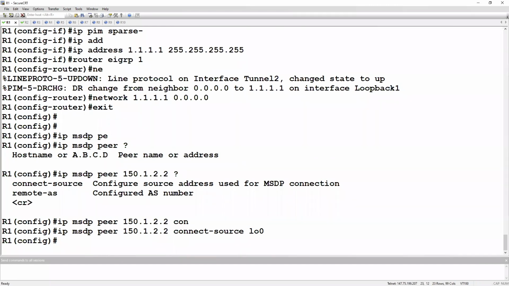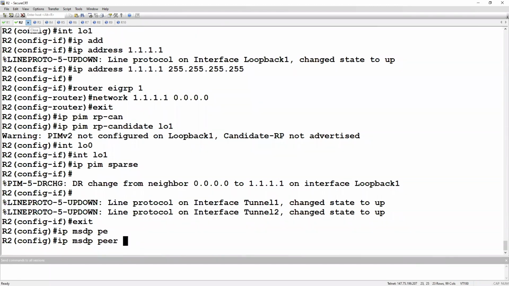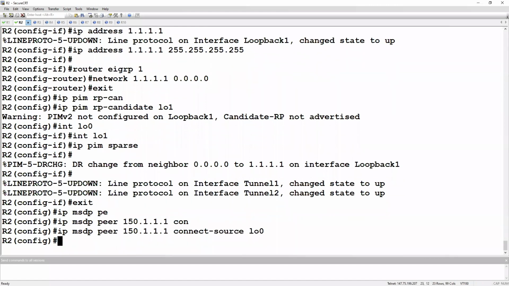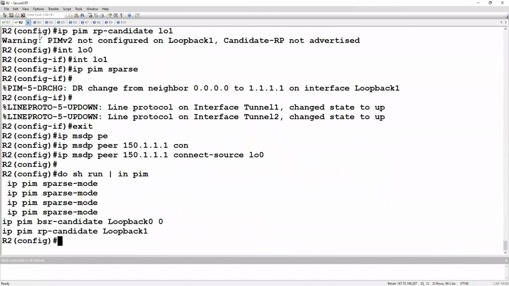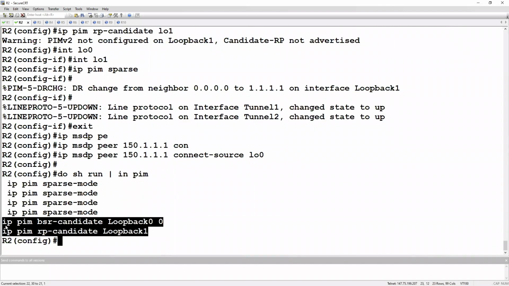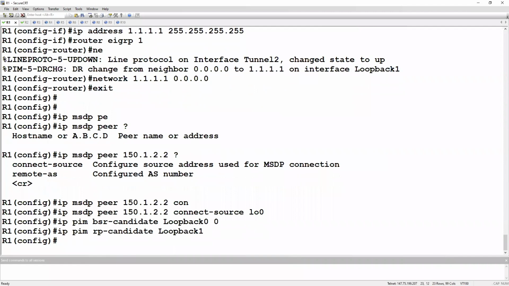So we have loopback 0 that is unique, and then we have loopback 1 which is overlapping. ip msdp peer 1.5.1.1 connect-source loopback 0. Okay, so router 1 is going to be a BSR, and it's going to be the RP candidate as well.